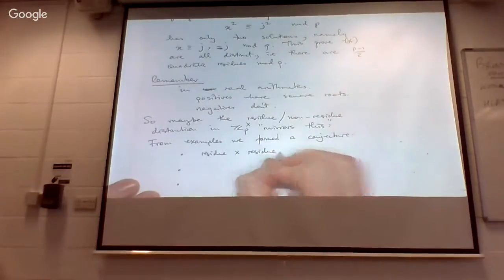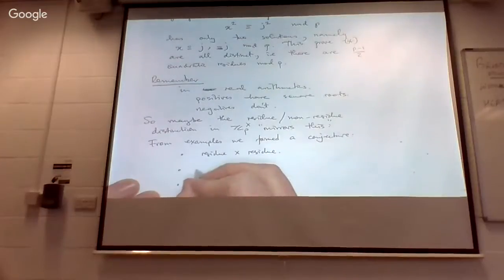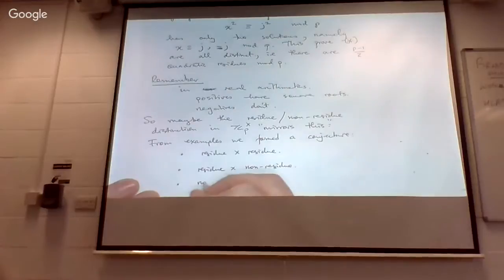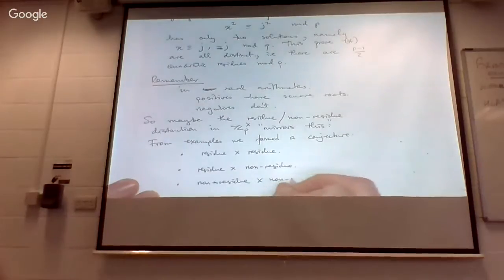So what happens when you multiply two residues? What happens when you multiply a residue and a non-residue? And what happens when you multiply two non-residues? So what's the classification of each of these products?